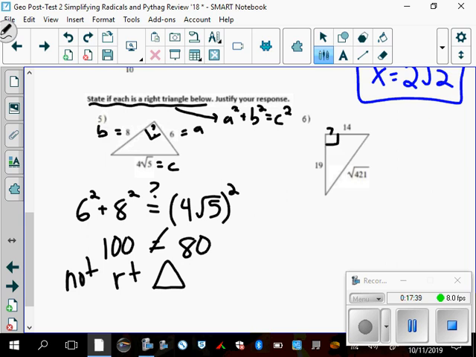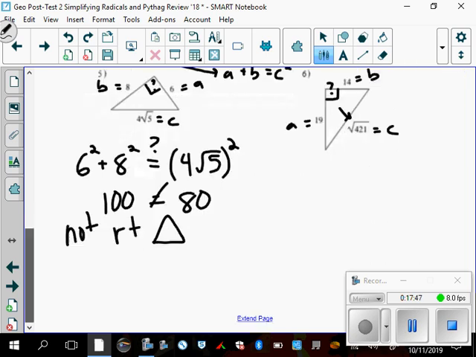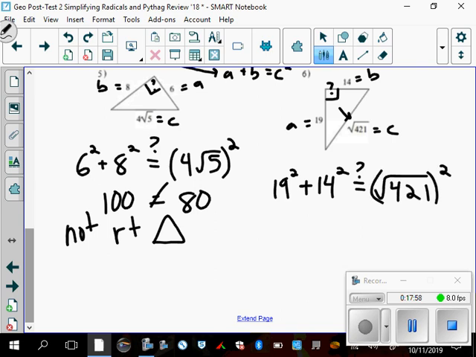This is where we think the right angle might be. This gives me my A and B being the 19 and the 14. C is radical 421. So I want to know, does 19 squared plus 14 squared equal radical 421 squared?